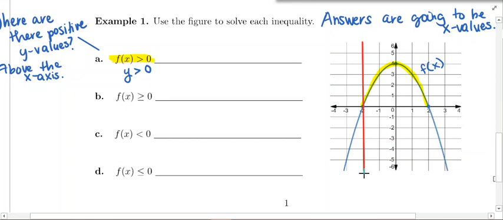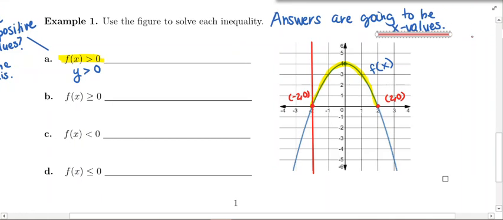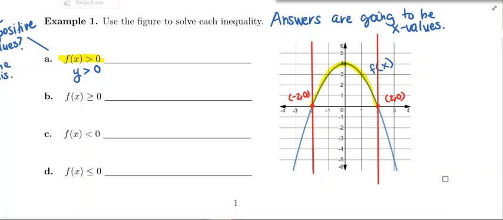If I'm drawing this red line here, here's an x-intercept at (-2, 0), and there's another x-intercept at (2, 0), and I'm drawing these two vertical red lines to emphasize where these x-intercepts are located and what's happening between them or on either side of them.